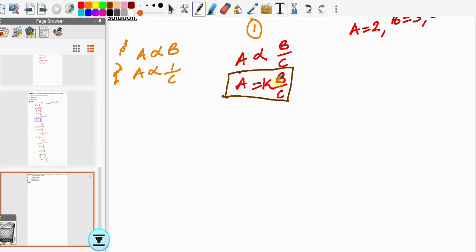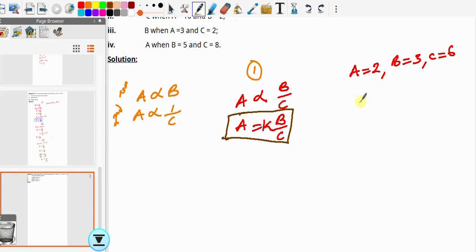We substitute the value into it, which is here we have our A, which is equal to, right, our equality sign, K times B, which is 3, over C, C is 6, right? So from here now, 3 goes here 2, 3 goes here 1, right? So we have 2 equal K over 2.